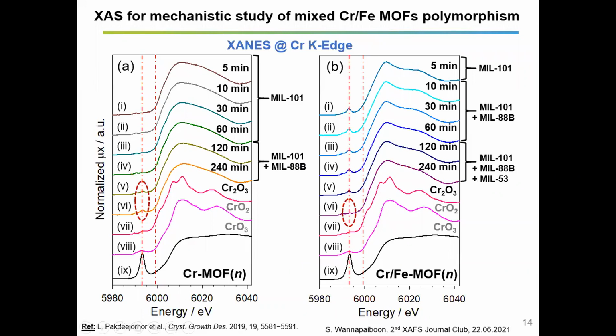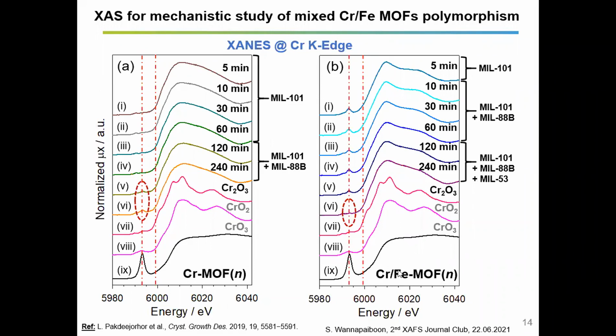Considering the details of the characterization, I will start with the X-ray absorption near-edge structure at the chromium K-edge, where we can see the difference between using only chromium inside the MOF and using the mixed metals of chromium and iron inside the structures.